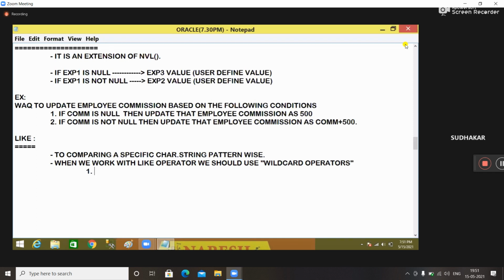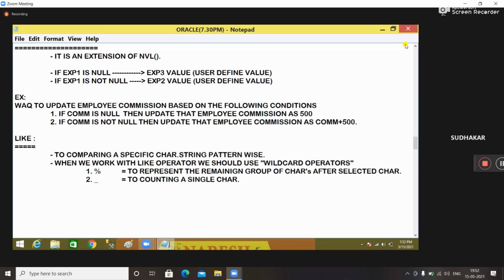One is called percentage, which represents the remaining group of characters after the selected character. The second one is called underscore, which represents a single character.